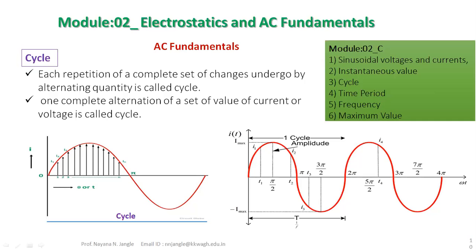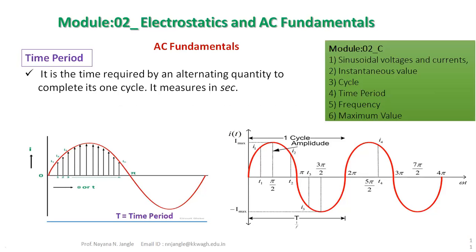One complete alternation of a set of values of current or voltage is called a cycle. Here one cycle has 360 degrees, a half cycle has 180 degrees, and so on.